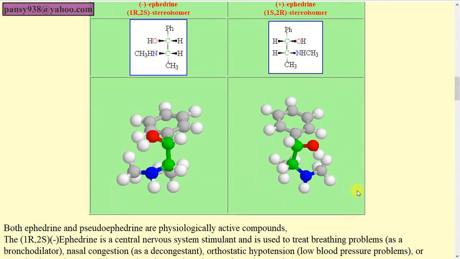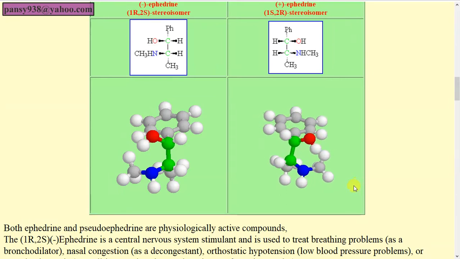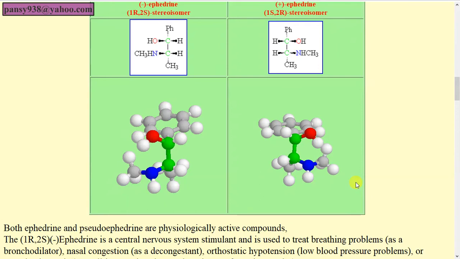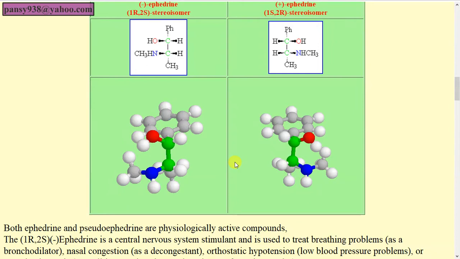Again the phenyl group is at the backside. You see that both these are mirror images of each other.